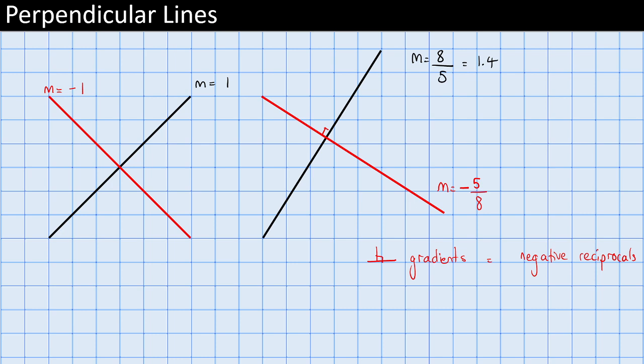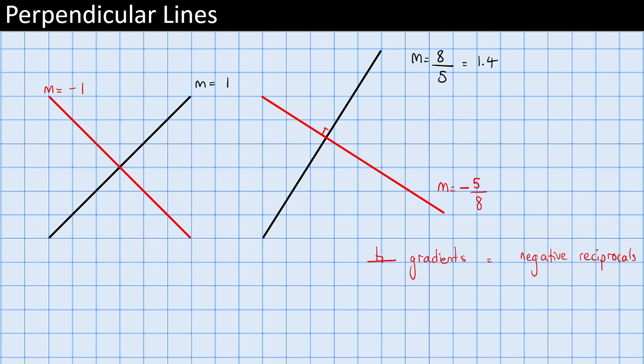And that's another good argument for having our gradients written as fractions or whole numbers. I don't really want to be doing reciprocals of decimals because it just involves more work. Reciprocals of fractions, nice and easy. We just flip it upside down.